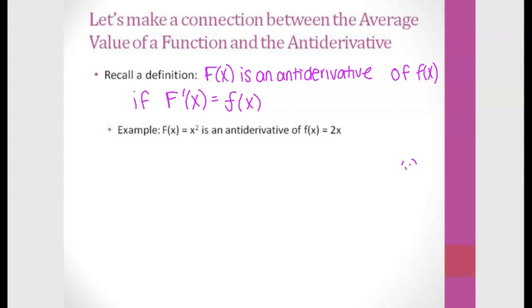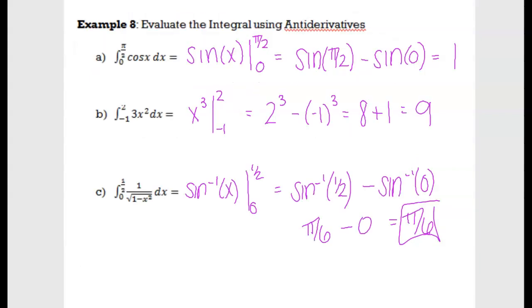And then the last part is just kind of like a review of problems we did the other day. So do you know how to take the antiderivative of the integral from 0 to pi halves of cosine x dx? Do you know how to take the antiderivative of -1 to 2 of 3x squared? And then the bottom one, you have an x squared in a square root. So what does that look like? Or what would that represent?